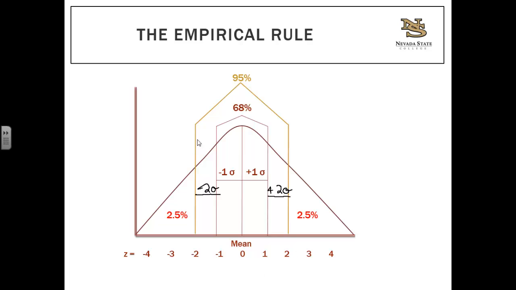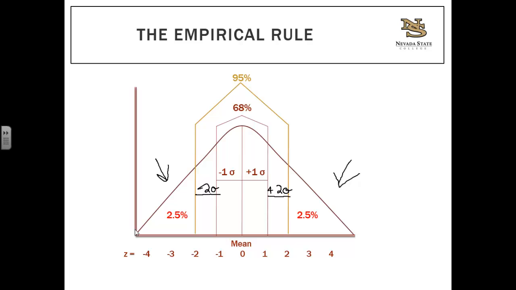This represents the middle 95% of the distribution. Well, 5% of the scores are left, so you split that up into both of these ends. 2.5% of scores have a z-score above 2, and 2.5% of scores have a z-score below -2.